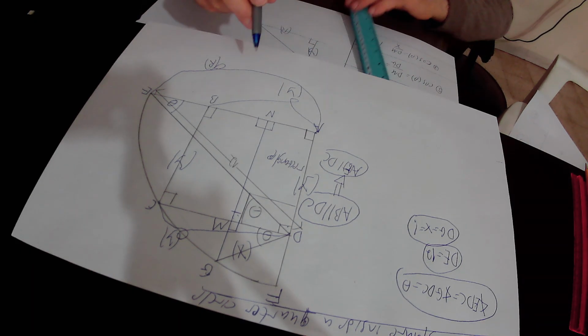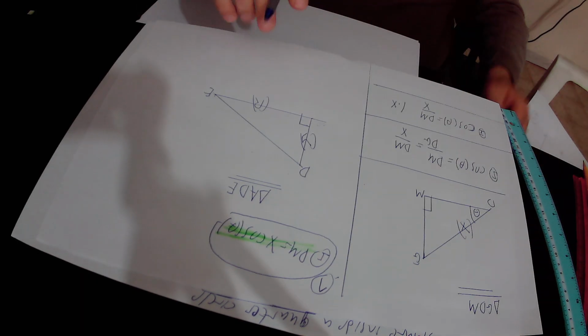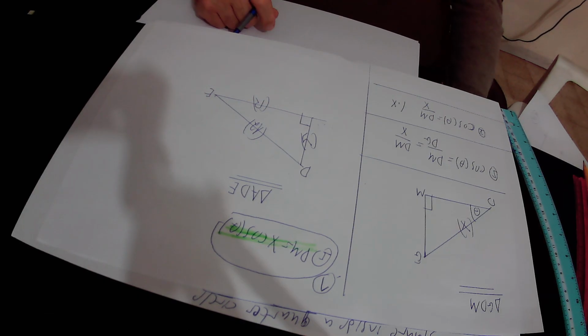Side DE equals 12 units in its length according to what is given in the question. So here the hypotenuse DE equals 12.